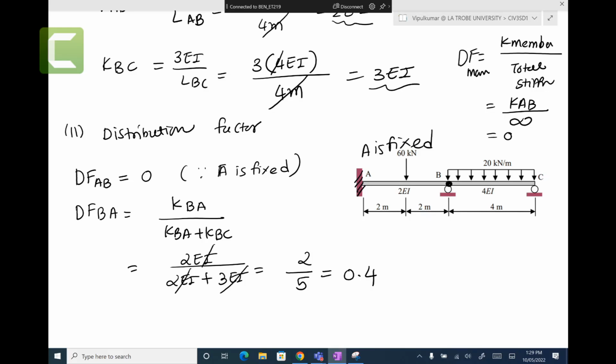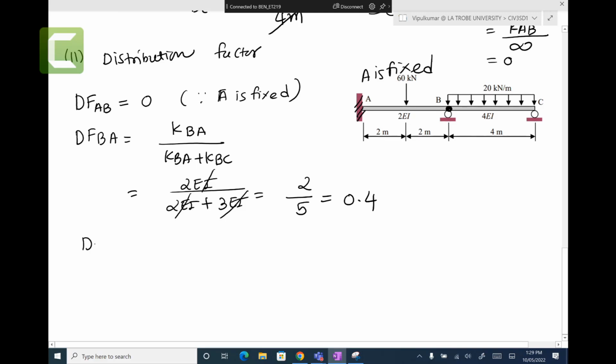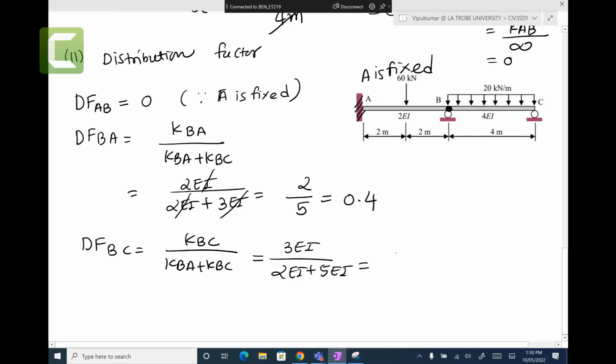So distribution factor of BC equals KBC over KBA plus KBC. We have 3EI over 2EI plus 3EI, and then EI cancels, 3 over 5, which is 0.6.